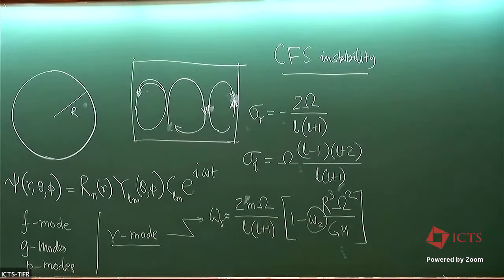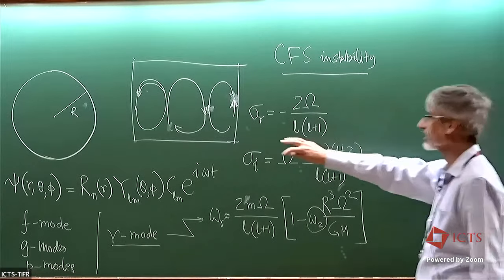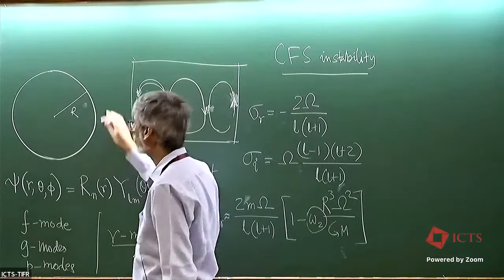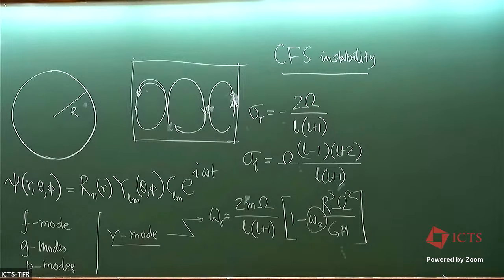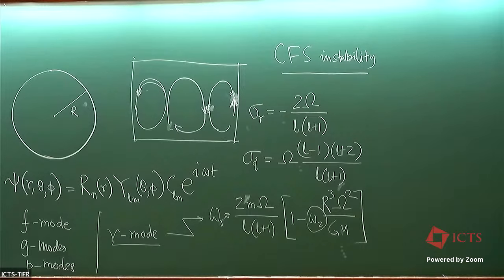because the mass perturbations, the density perturbations which this causes, add to the mass quadrupole moment of the star. And now since the star is rotating, a rotating star with a finite mass quadrupole is going to produce gravitational waves.